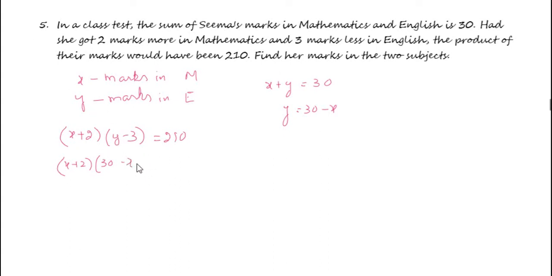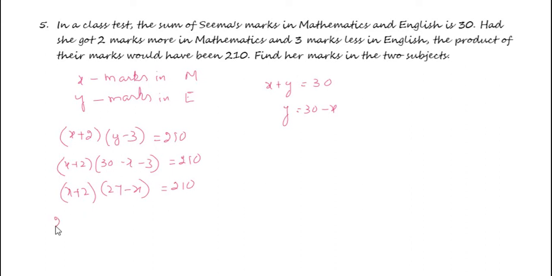Minus x minus 3 is equal to 210. (x + 2) into (27 - x) equal to 210. Let us multiply individual terms.